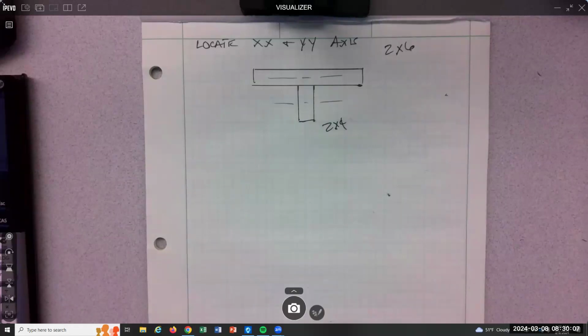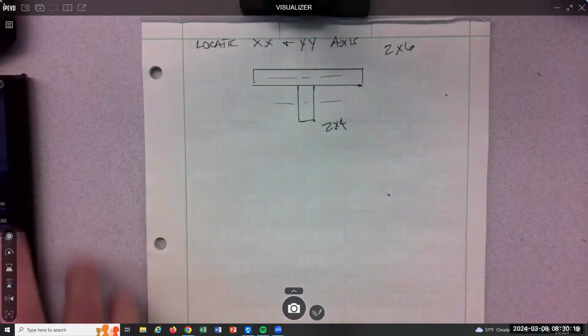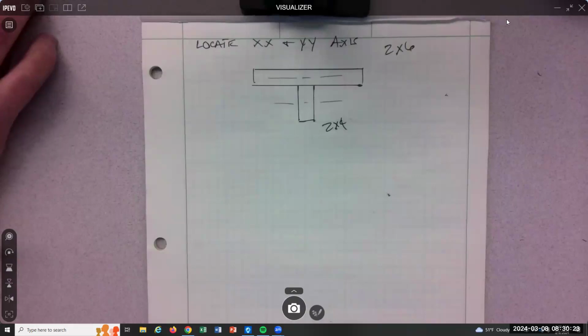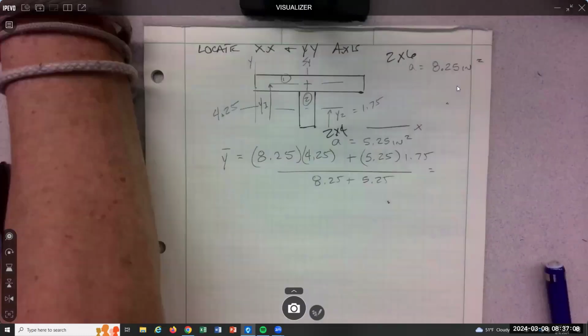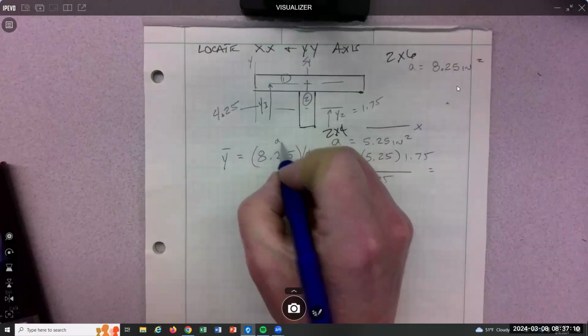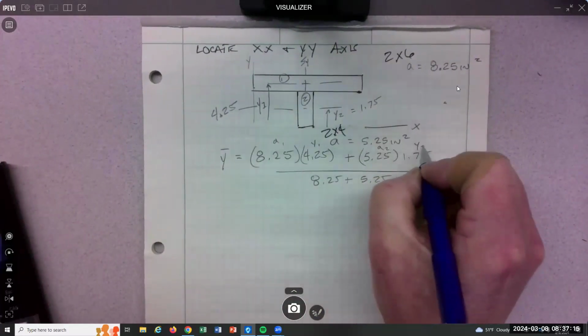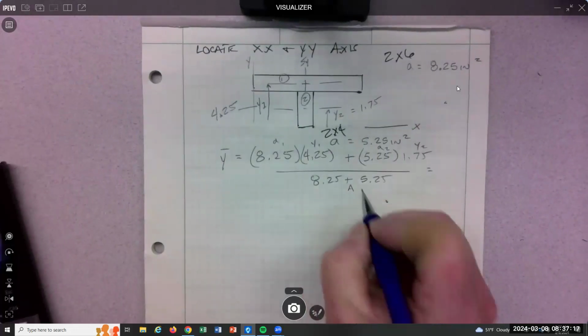Symmetrical? Yep, we'll put it right in the center. A1, Y1, A2, Y2, and the combined A's.